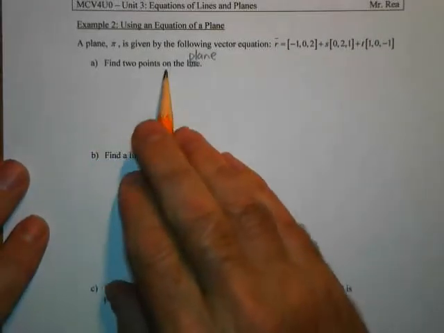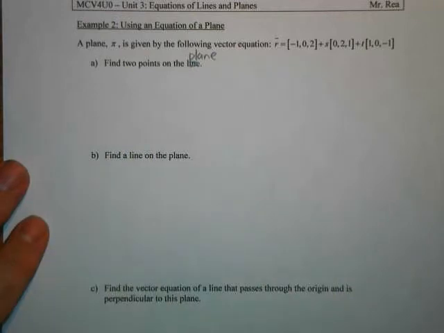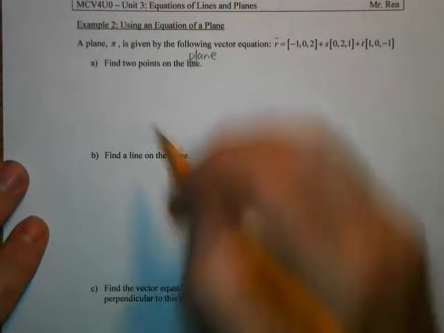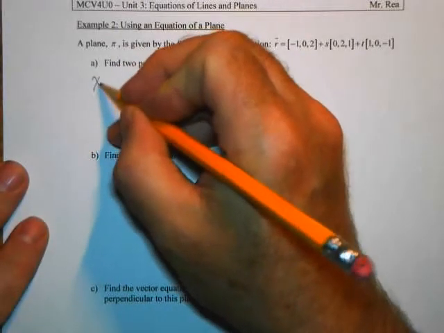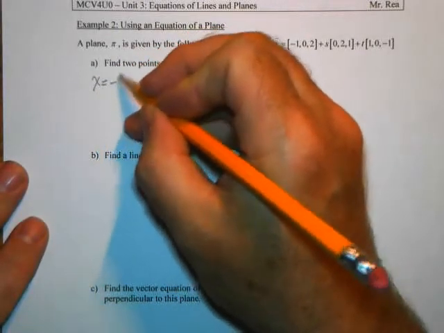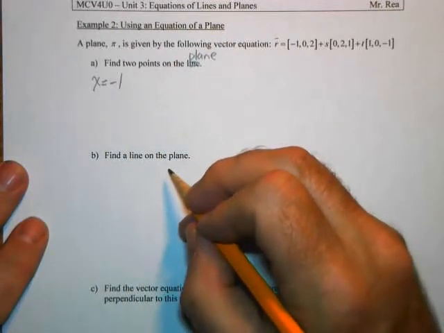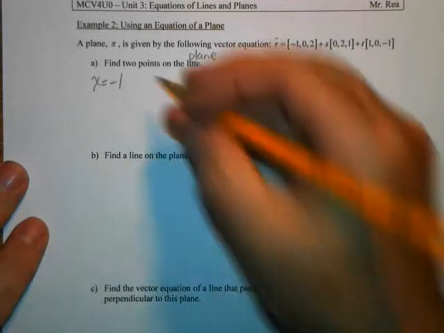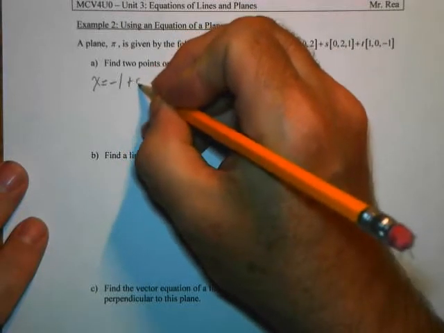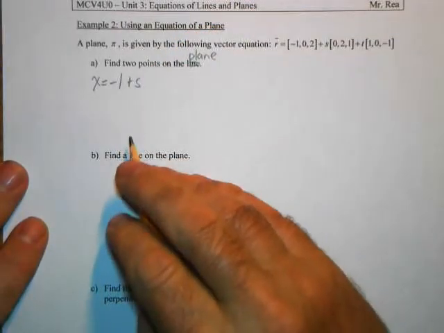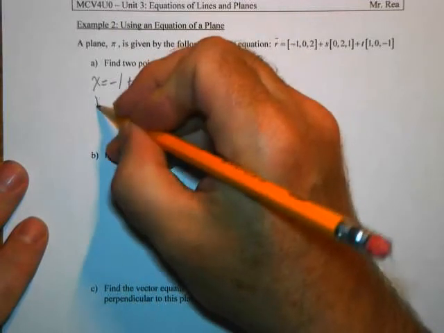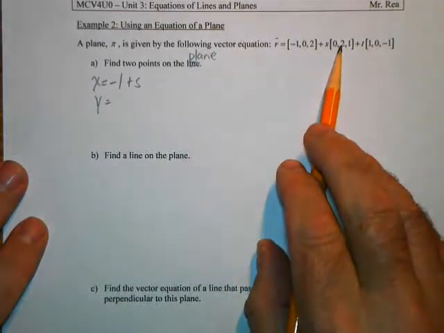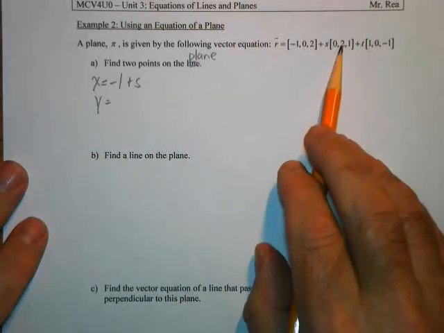So if I want to find any 2 points on the plane, I change my vector equation into parametric equations. I've got x equals -1 plus 0s plus t, so I don't have to put the 0s because it's just 0. Y is equal to 0 plus 2s plus 0t, so it's just 2s.